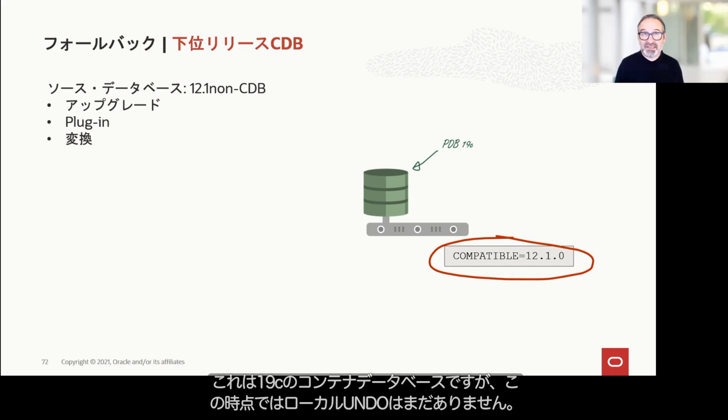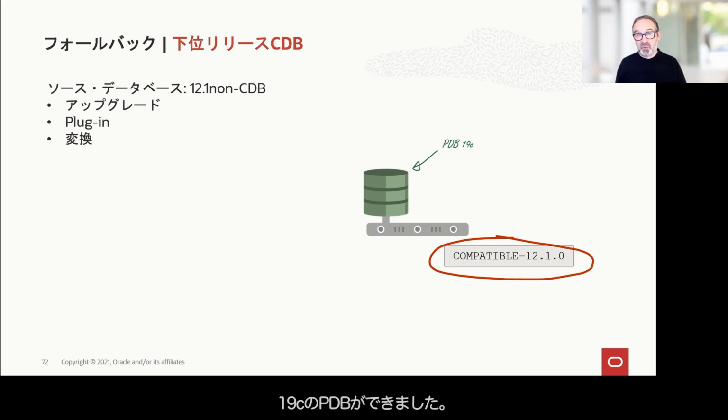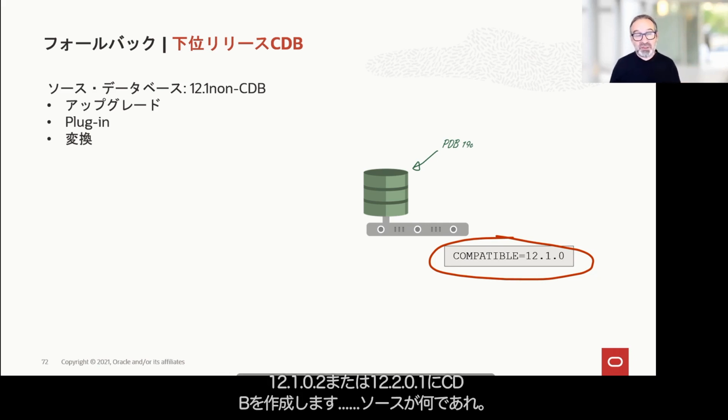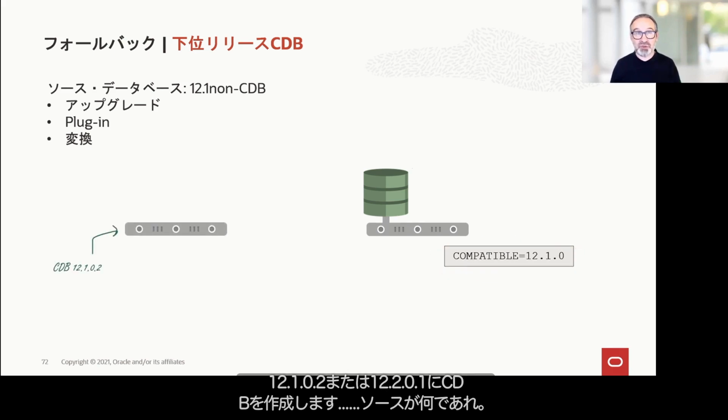So it's a 19c container database, but it has no local undo at this point because that didn't exist. We have a 19c PDB.